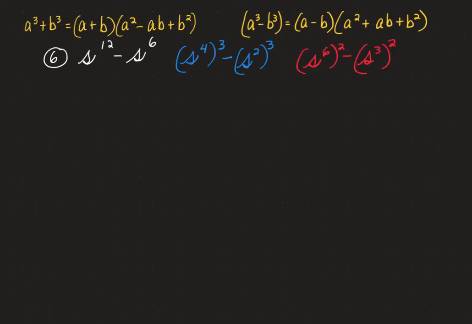If you paused the video and tried to work out either of those differences, as I encourage you to do, and you've come back here because you are extremely frustrated, I completely understand. The thing that would have made this simpler is to remove the greatest common factor first, because then you just have the difference between two squares to deal with. s plus 1, s minus 1. Enough said.